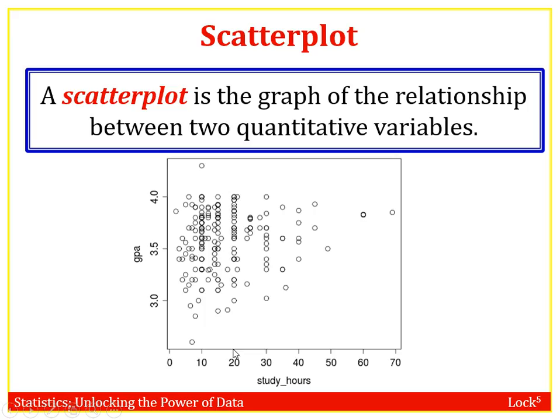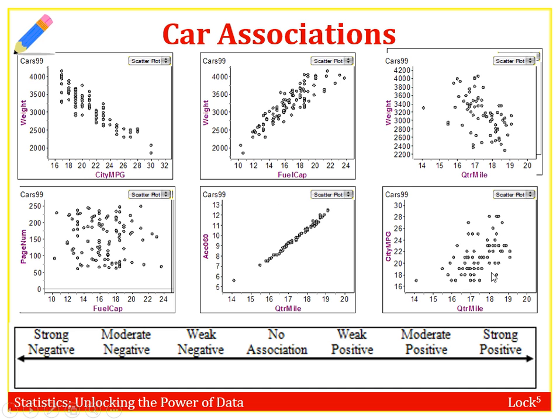Now, if somebody studies 20 hours, you'll notice there are lots of people that studied 20 hours going straight up and down here with different GPAs. So each point represents one paired set of data of two quantitative pieces.